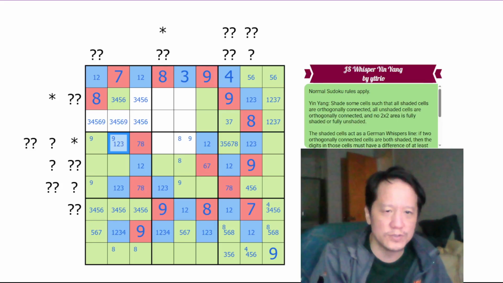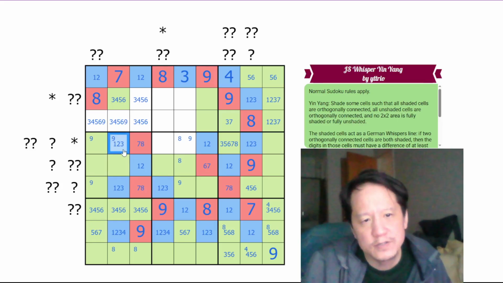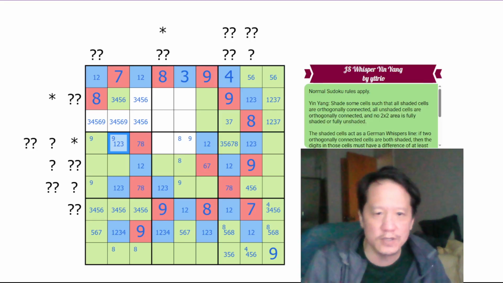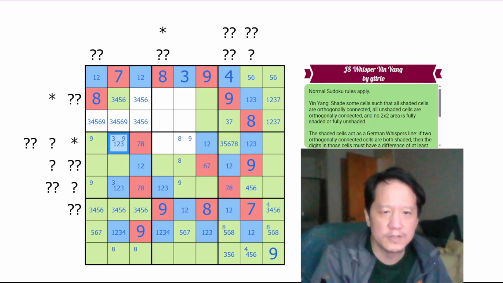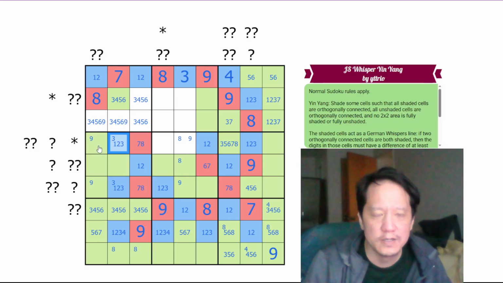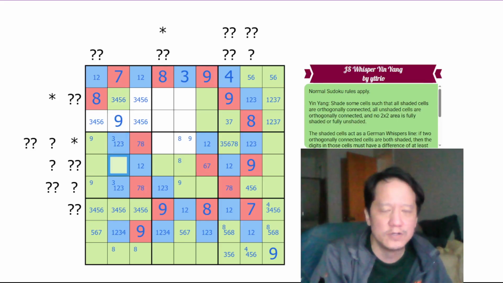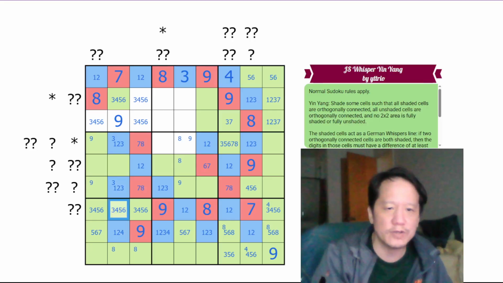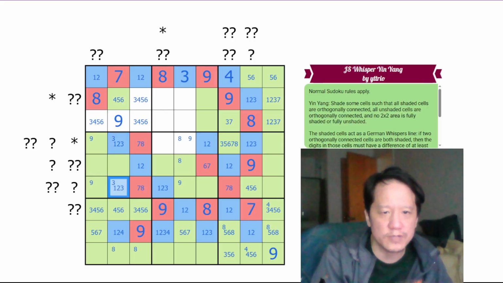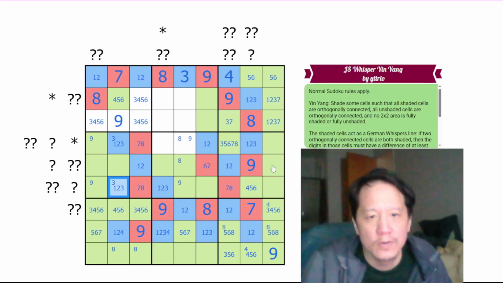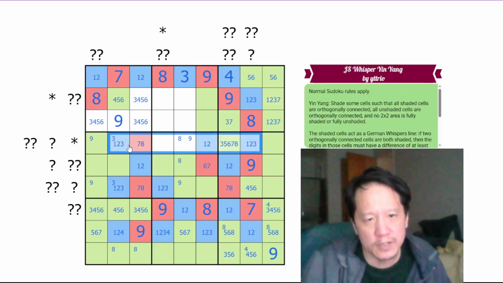This is 1, 2, 3 to be next to that. So one of these is guaranteed to be 3 here. This cannot be 9. So one of these is 9, which eliminates 9 here, whereas the 9 in box 1, it can only be here. So that's 9. We're guaranteed a 3 here, so this cannot be 3 here, no 3 here, no 3 here, because one of these is 3. We have a 1, 2, 3 triplet here.